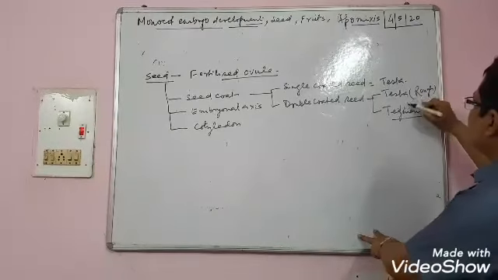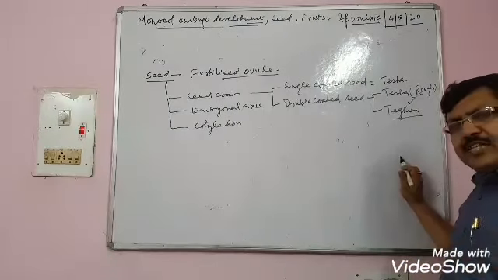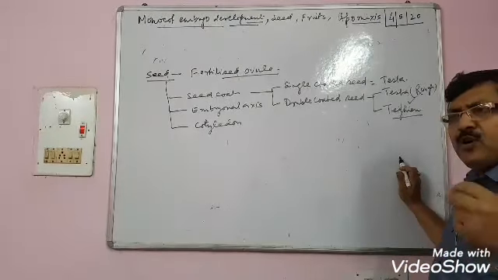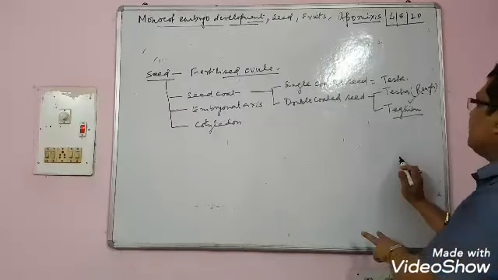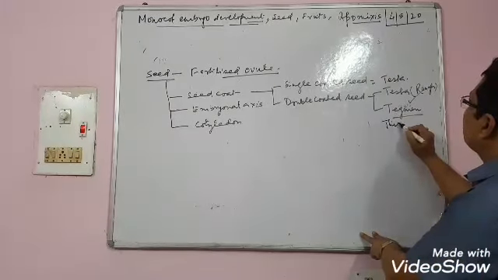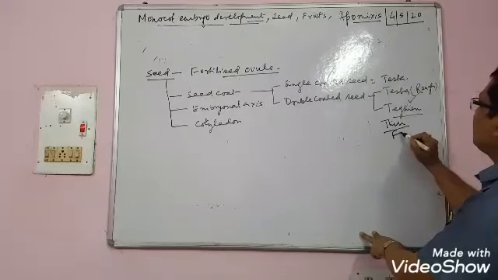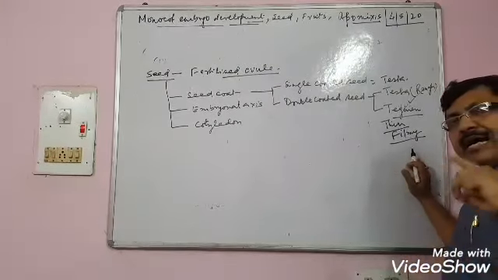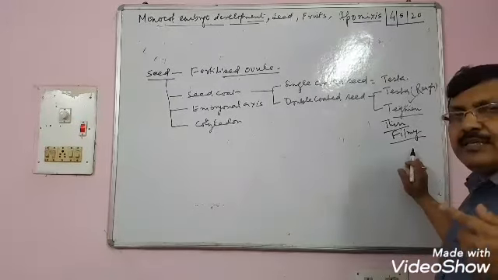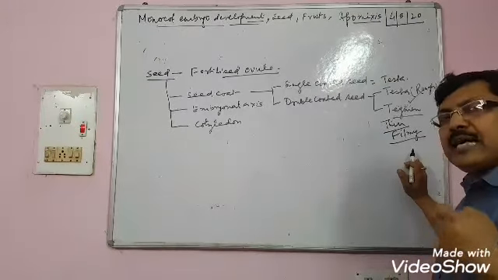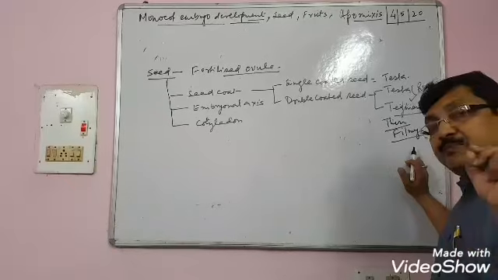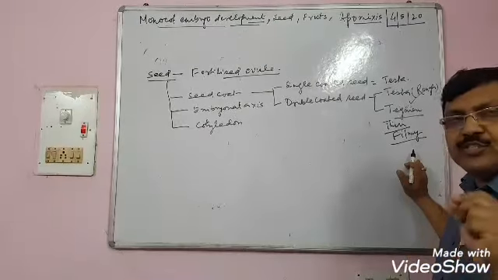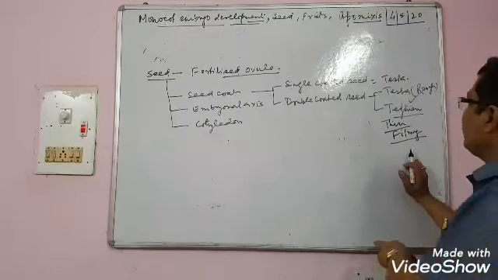Whereas the tegmen is a thin, filmy layer, and it covers the entire cotyledon and embryonal axis and prevents the loss of moisture of the seed.